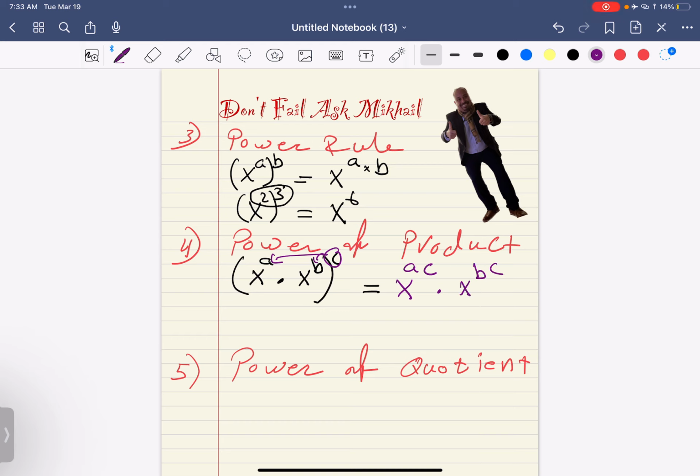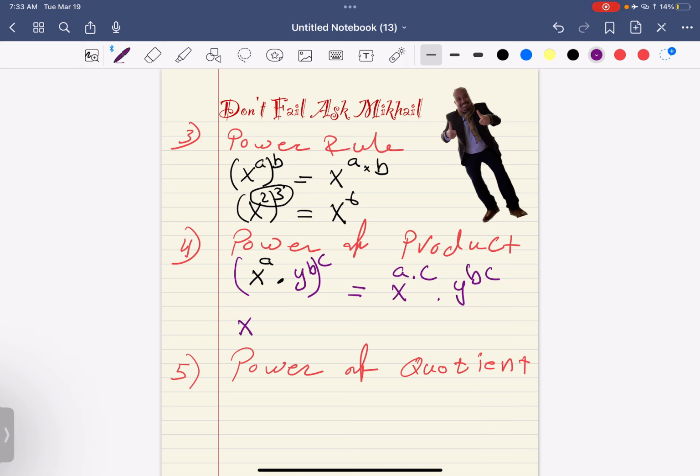Or, if you have two different variables, an example will be easier and better: if I have x to the a times y to the b, everything to the c, that will equal x to the a times c times y to the b times c.